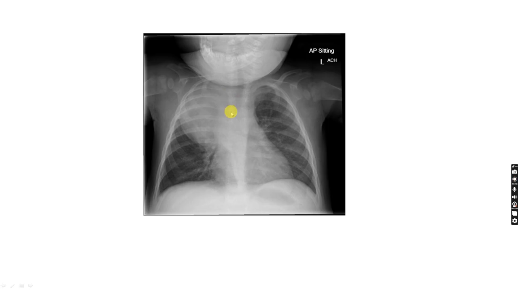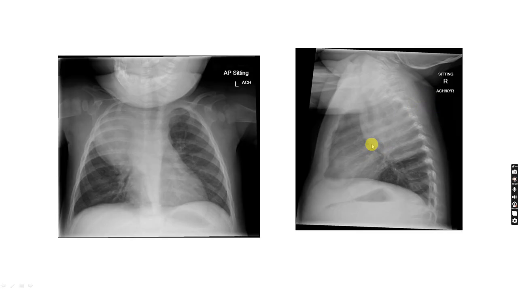This is a pediatric patient's frontal chest radiograph. It is showing a mediastinal lesion. On the lateral radiograph, we can see it is in the posterior mediastinum. So, pediatric patient with a posterior mediastinal lesion: we should think of neurogenic tumor, and in that, more important is neuroblastoma.